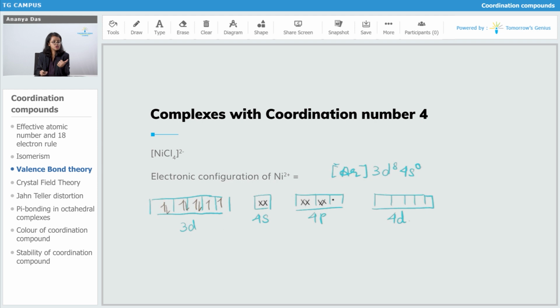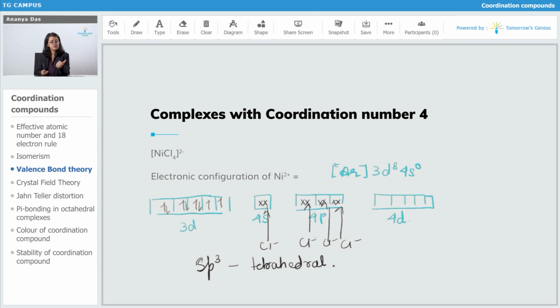There are 4 Cl, so 4 orbitals they will use. So that gives you a hybridization of sp3. So that is tetrahedral, which means this complex is tetrahedral.